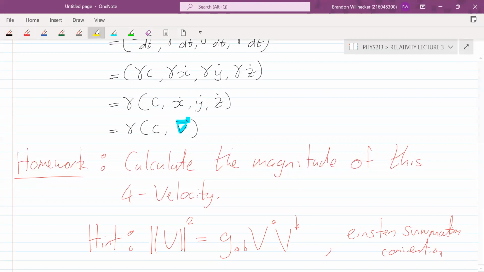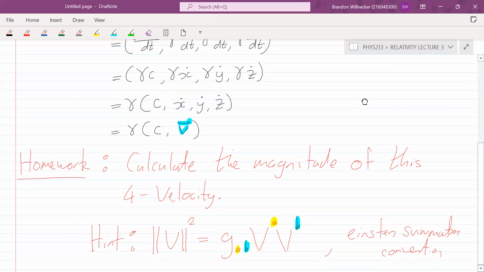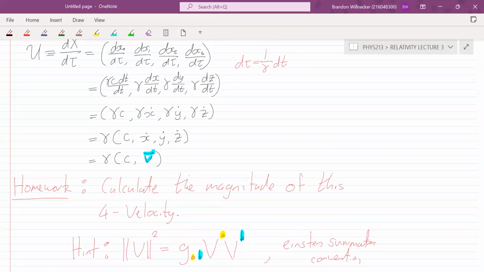Okay, so just to reiterate, if you've got an index up and an index down, you sum over the possible values of that index. So we've got an A up and an A down. We sum over the possible values of A. We've got B up and B down, we sum over the possible values of B. Okay, so using this formula, please calculate the magnitude of this 4-vector.